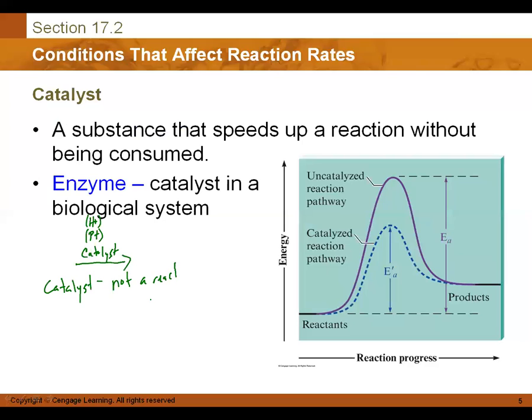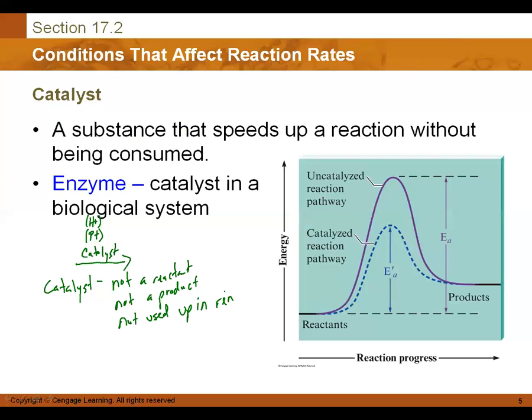It's not a product. And it's actually not even used up in the reaction. It's there at the end of the reaction, just like it was at the beginning of the reaction. Really, a catalyst's sole purpose is to allow a reaction usually to occur faster.